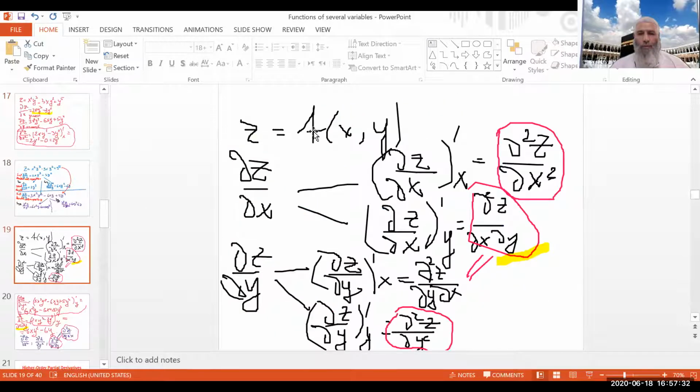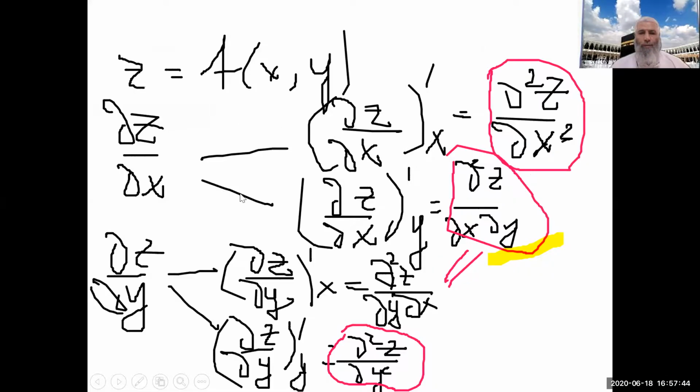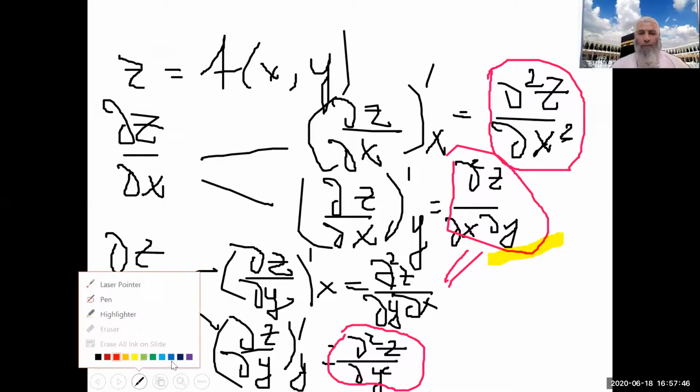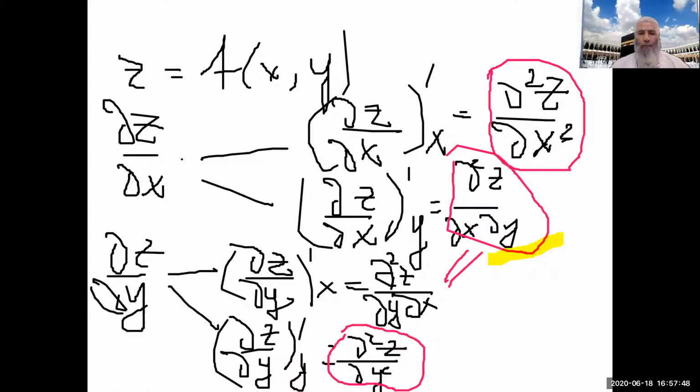And now z is a function of xy, dz dx, and we have here two ways. You see here? From first derivative, this is the first derivative.